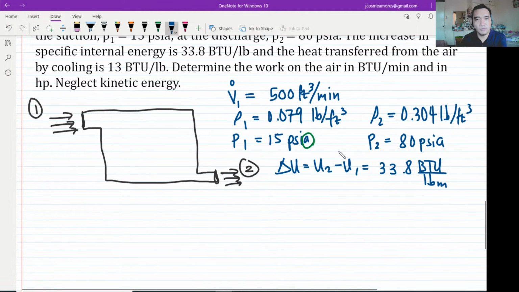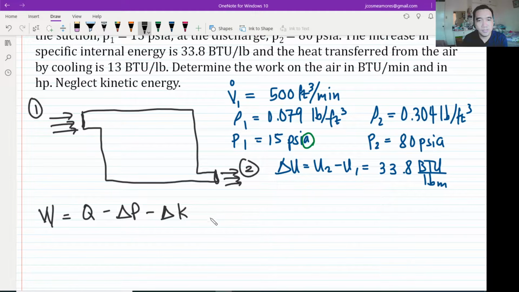Okay? So if we go back to our equation for solving work, then we will have Q minus delta P minus delta K minus delta flow work minus delta internal energy. Okay, we don't have potential energy here.